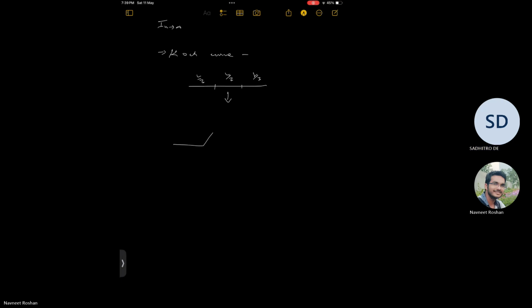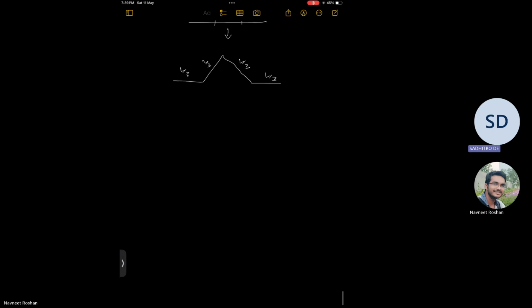Okay. So the length of each of these segments is L by 3, L by 3, L by 3, and L by 3. Okay. Now on each of these segments, you repeat this procedure of removing the middle third and putting a triangle of 1/3 the length of that segment in its place. So then it will look something like this.